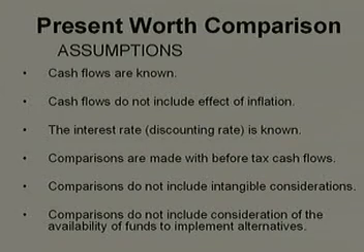Now, if you see the second last point, it says comparisons do not include intangible considerations. There are no ways through which we can take into consideration these intangible benefits. Sometimes you will find that a project, even though its benefit cost ratio is coming to be less, or even if its NPV is coming to be less, it may generate a lot of goodwill from the local residents.